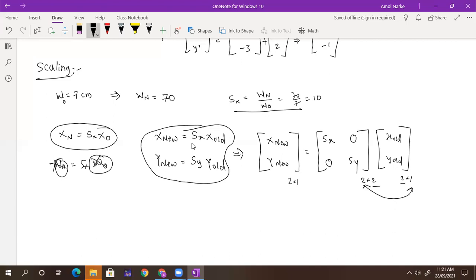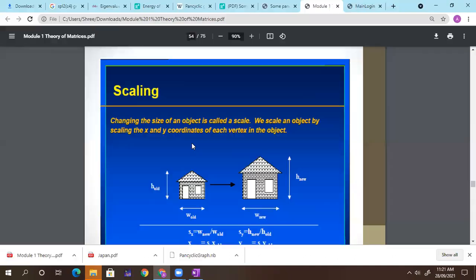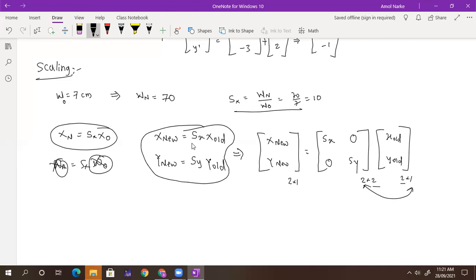So ultimately, graphically, you have the original figure, and you get the same figure in enlarged form, depending on your Sx and Sy. When you click a photo and then enlarge it, you are using this matrix in 2D.